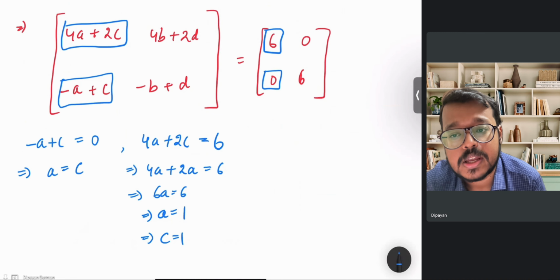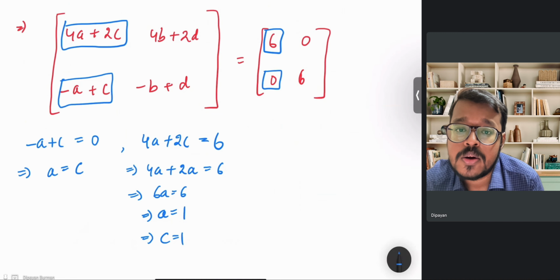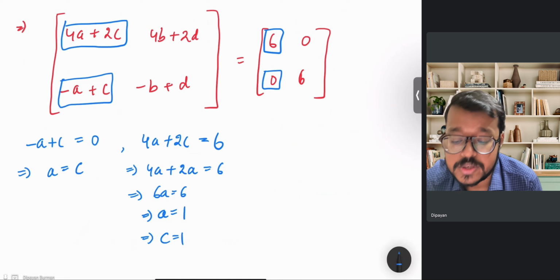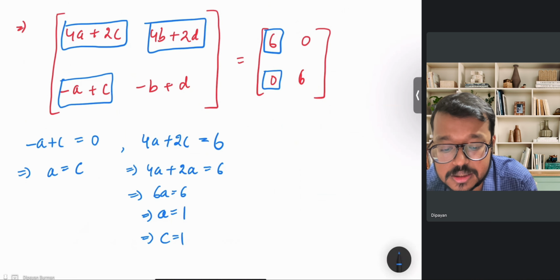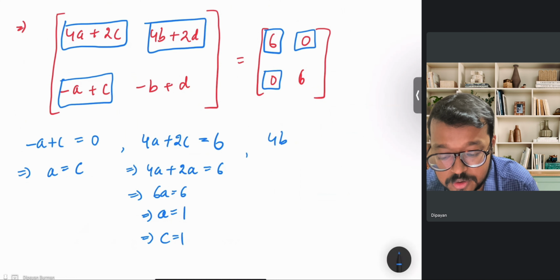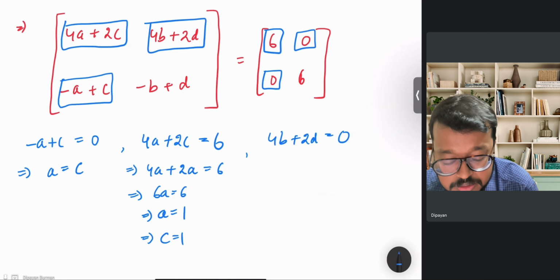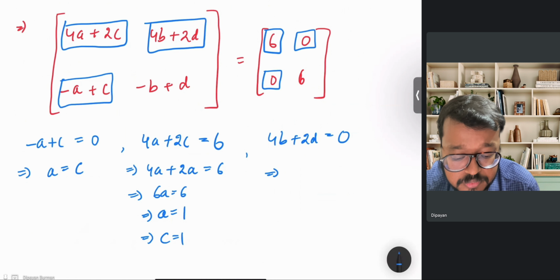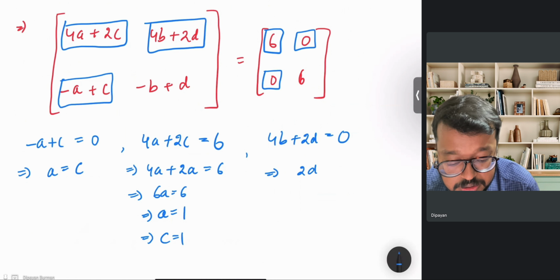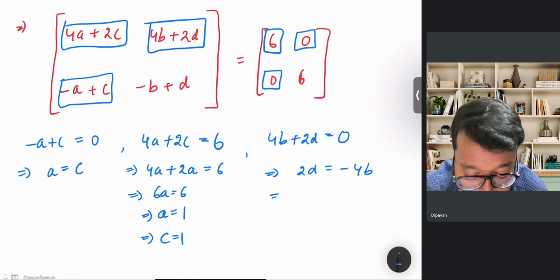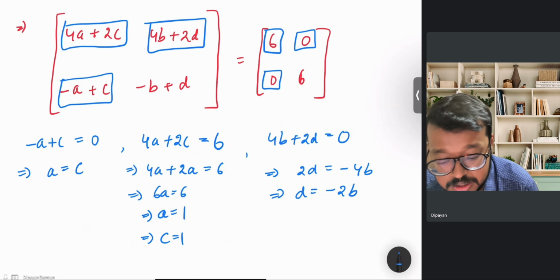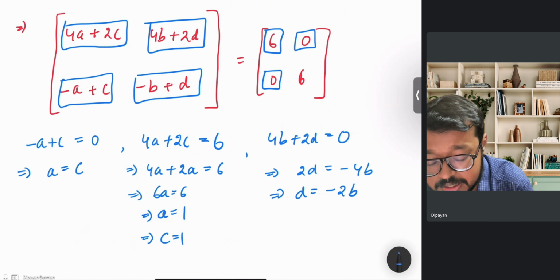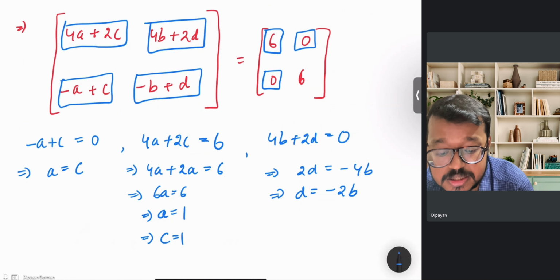So we already have the values of two variables. Now let's look at the other two variables B and D. If I look at this element, 4B plus 2D will be equal to 0. That means 2D equals minus 4B and D is equal to minus 2B. Then the last equation that I can frame is minus B plus D is equal to 6.